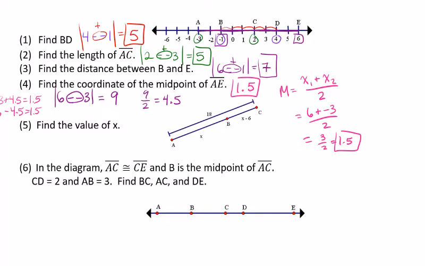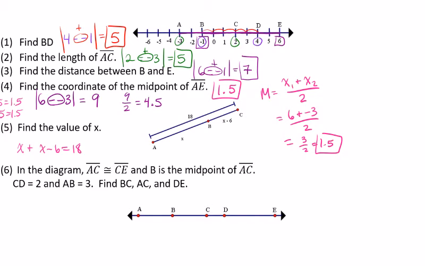We can say that AB plus BC has to equal AC. The two parts have to equal the whole, so it's intuitive. So basically, x plus x minus 6 equals 18. And then we can solve that, right?